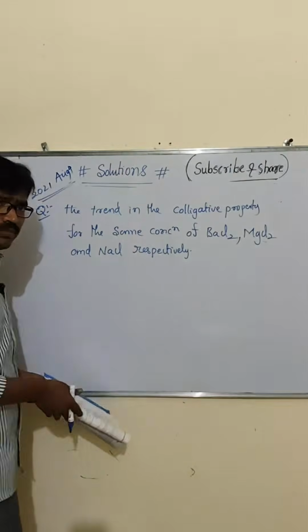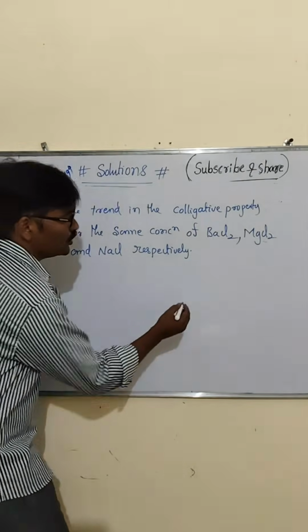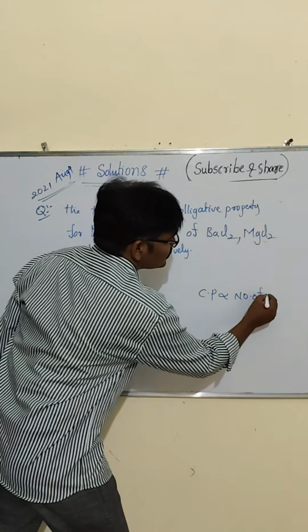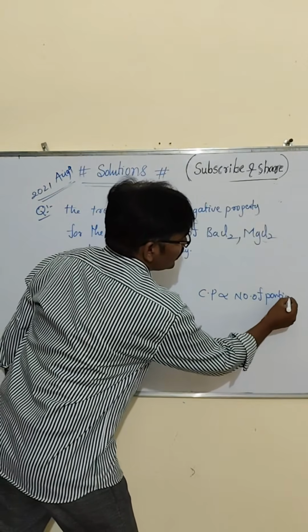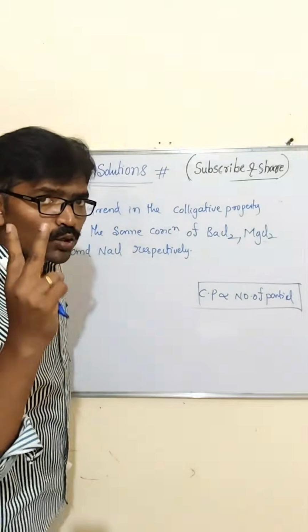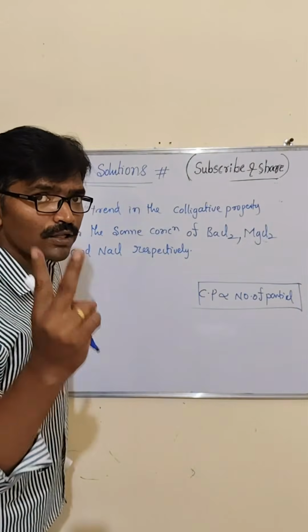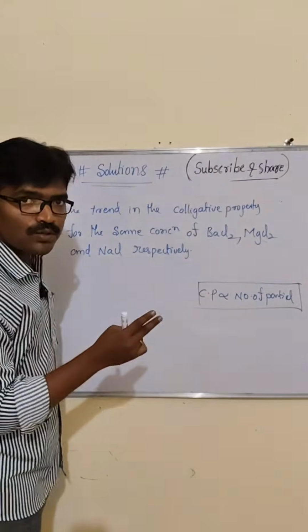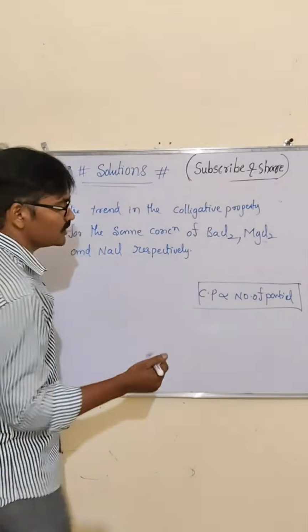What I told: colligative properties are directly proportional to the number of particles. This point you have to remember. Only for two concepts is it inversely proportional, the remaining are all directly proportional. What are the two things?